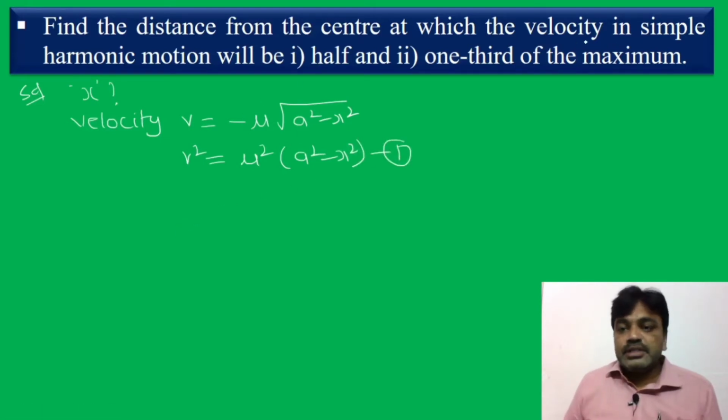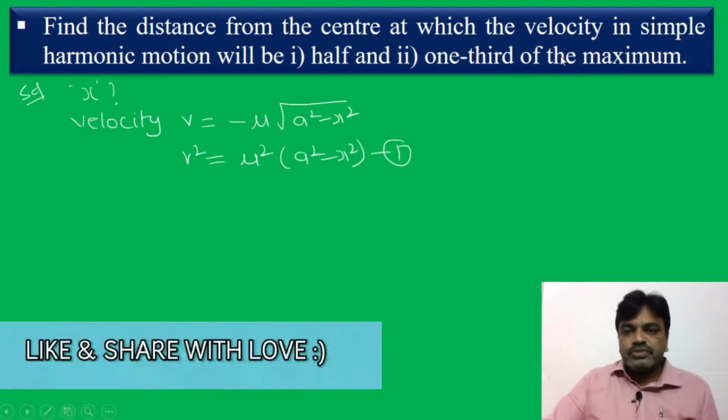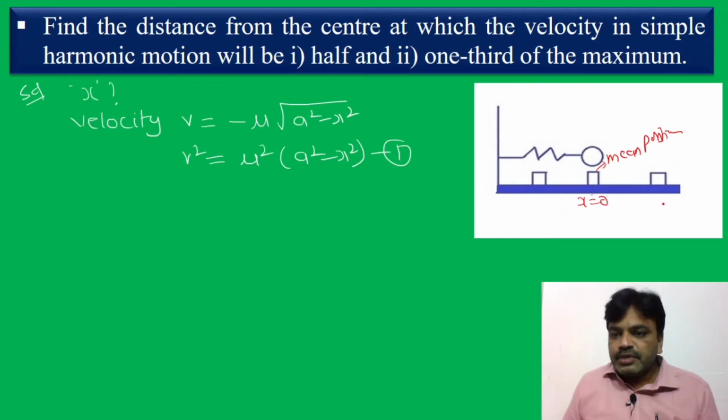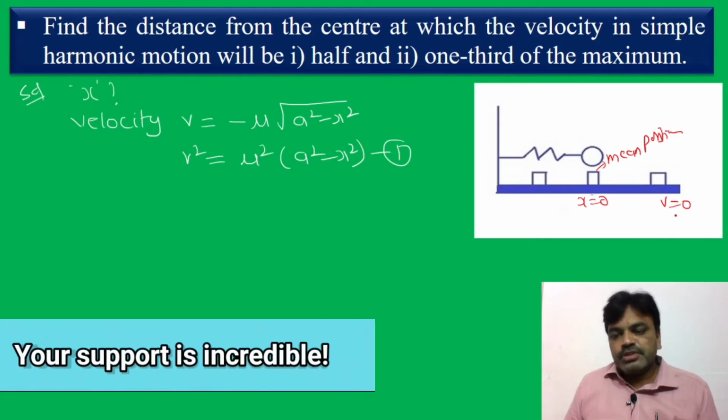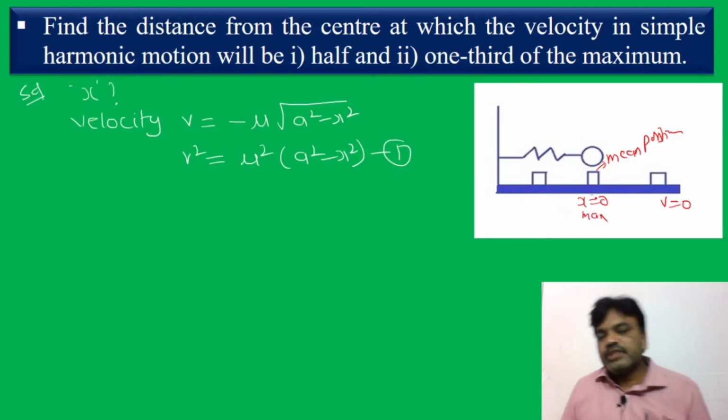Now it says the maximum velocity. Let us understand from the diagram, friends. Clearly, here x = 0 is the mean position, and at the extreme end v = 0. Gradually the velocity increases, and when x = 0 the velocity is maximum.